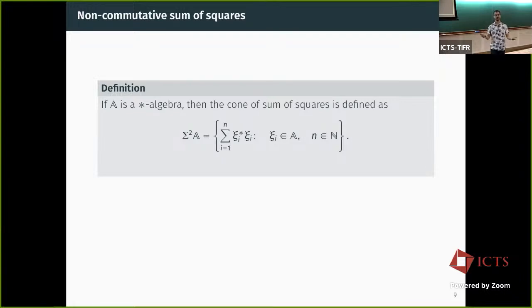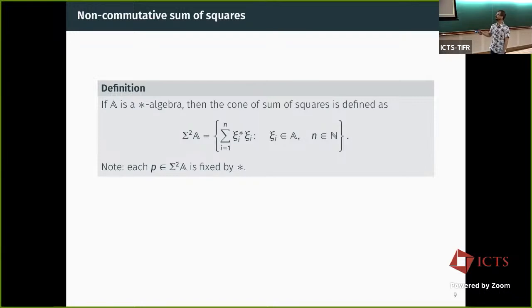So when we have a non-commutative algebra, not a polynomial algebra, but now a non-commutative star algebra, what is the cone of sum of squares? I can no longer write q squared or f squared because I have this involution, the star, in my algebra. So this is the proper generalization of this thing.